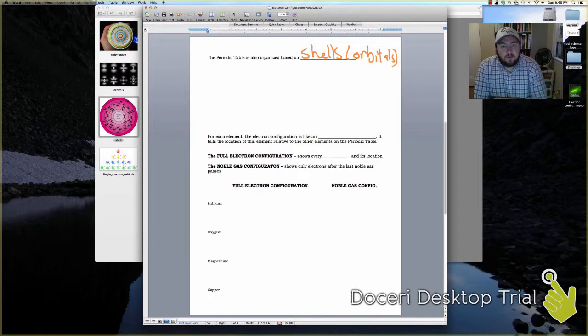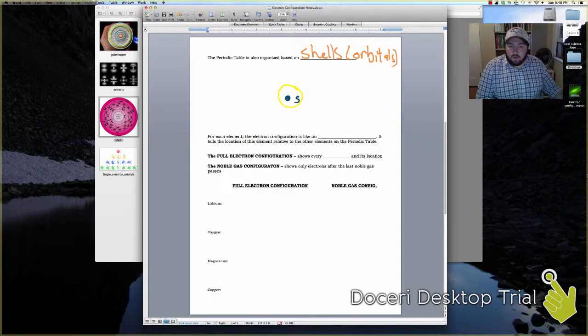There we go. So if I take my marker here and I draw a tiny little nucleus containing protons and neutrons at the center of my atom, I can then start to move outward. And so right here is my first shell. That shell can only hold 2 electrons, and the only type of path they'll follow is an s path.